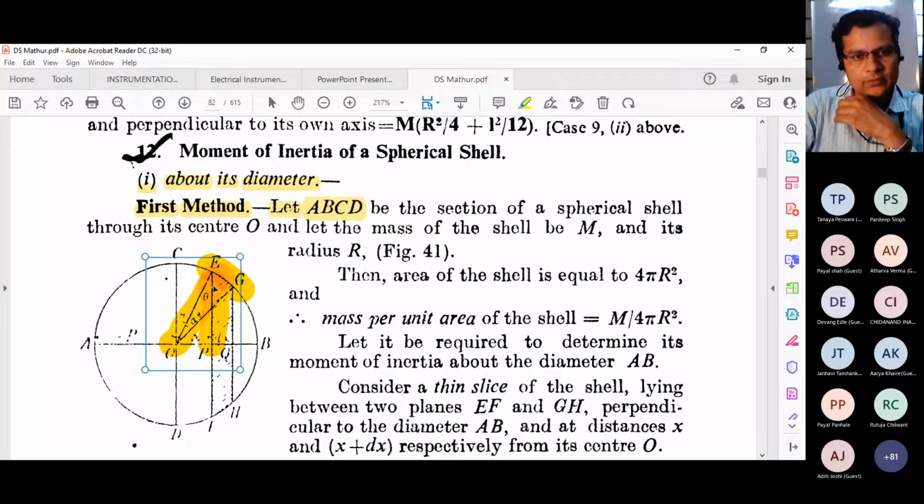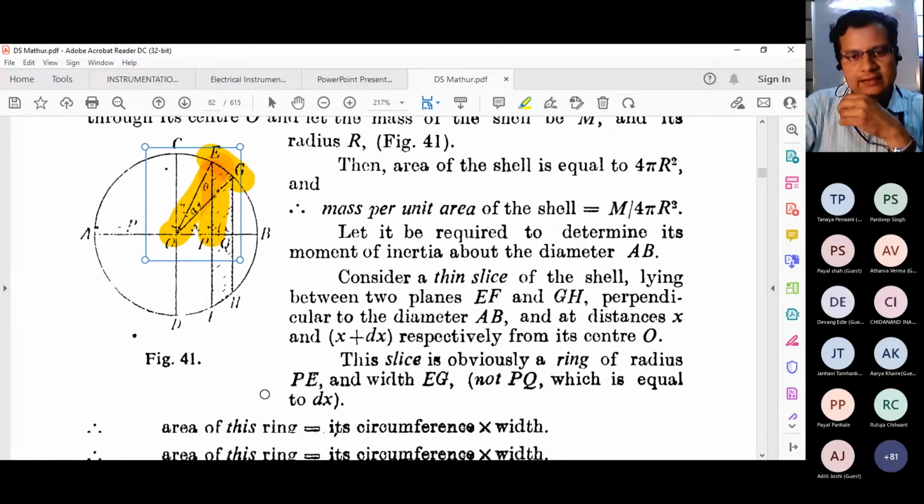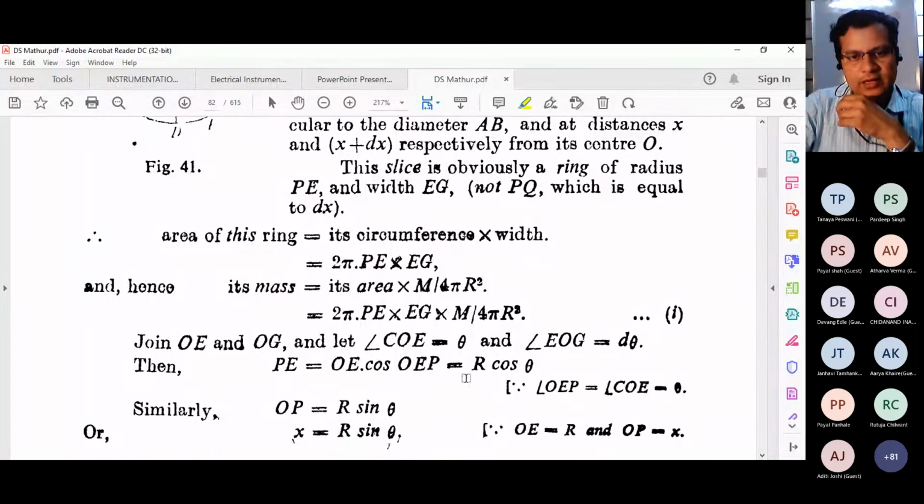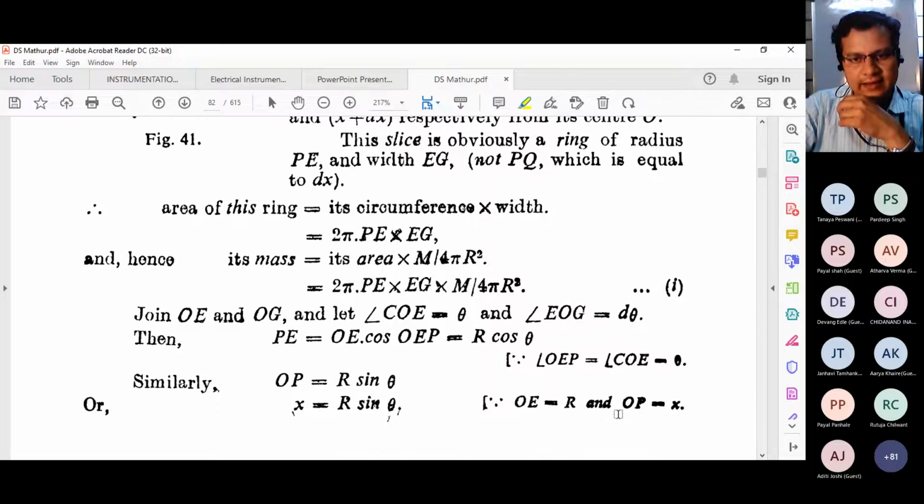So cosine of OEP becomes theta, because if you look at the adjacent angle, COE is theta, then OEP becomes theta over there. So that's the angle. OEP is theta, that's what you can write down, cosine of theta, because these are adjacent angles. Angle OEP is equal to angle COE.